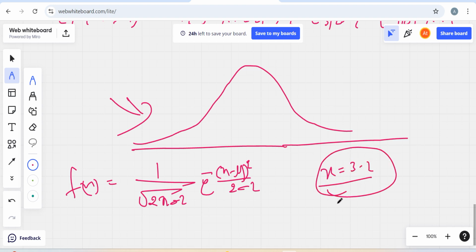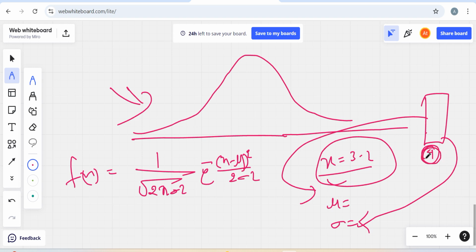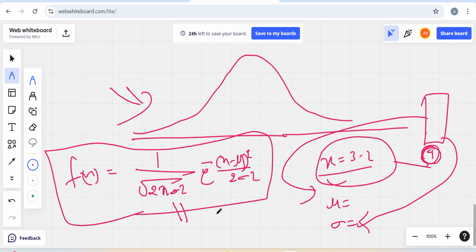If I know the mean of that particular data and the standard deviation of this data, it's very simple to calculate mean and standard deviation. If I'm looking for the probability for this particular point, I just put this value into this equation and I'm able to get the probability. This is called Gaussian probability, right? So basically here we are using Bayes theorem and also the Gaussian probability method.